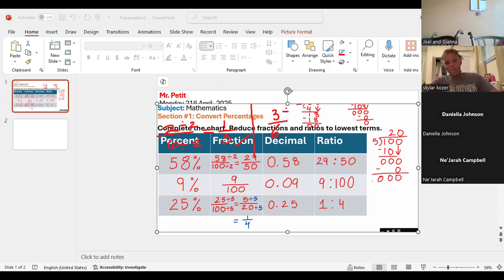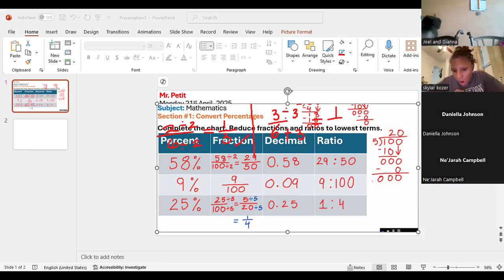Okay, and tell me how you're going to do it. 3 divided by 3 is 1. And 6 divided by 3 is what? 2. So what's the answer? 1 over 2. So put that in.